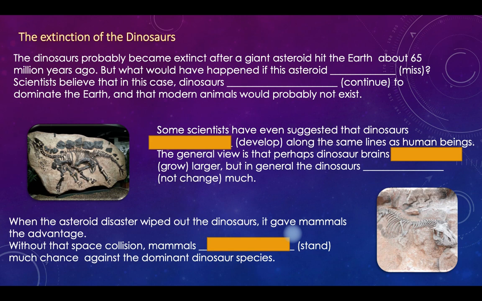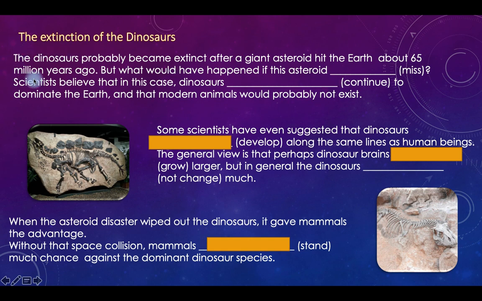This is a text about things that could have happened if the dinosaurs hadn't gone extinct. So let's complete. We've got to complete the gaps with the third conditional.